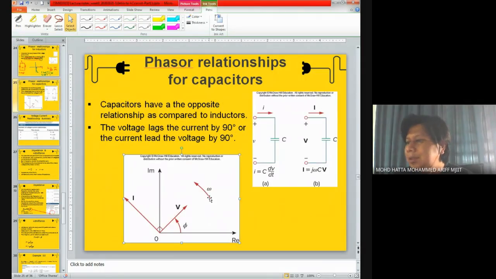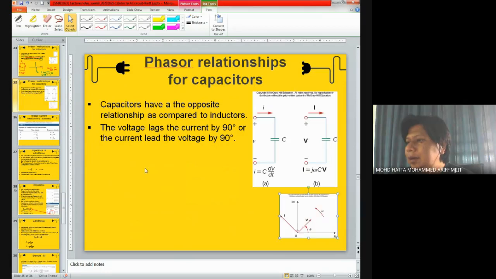For the capacitor, if you look at the statement here, it says that voltage lags the current by 90 degrees. Current leads the voltage by 90 degrees. If you have this phasor diagram, let's say we consider our voltage V with the angle of 0 degrees, the reference.